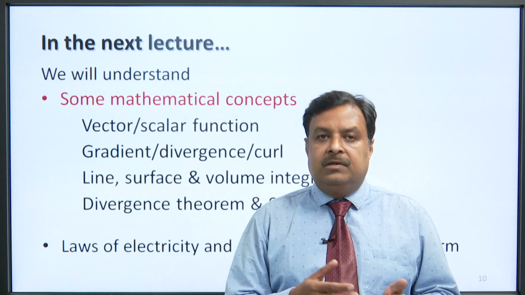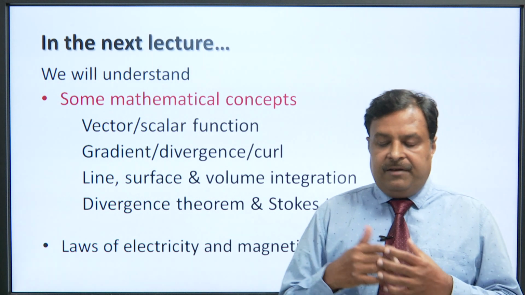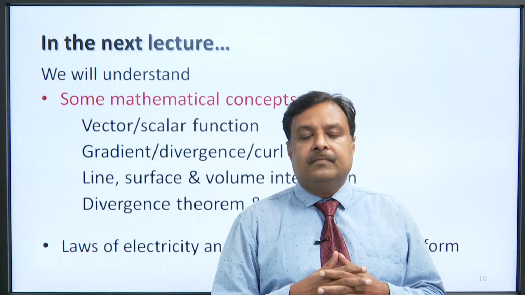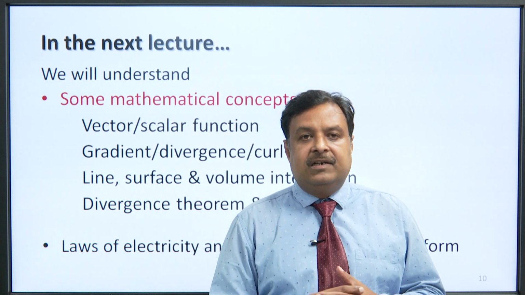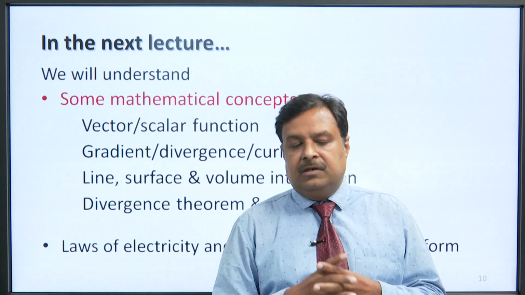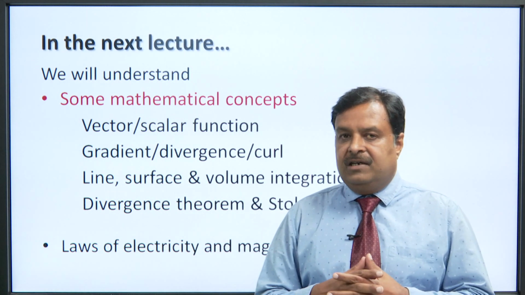We will also recall the divergence theorem and Stokes theorem, which are used in deriving the differential form of laws of electricity and magnetism, and then we will derive the differential form of these laws in the next lecture.